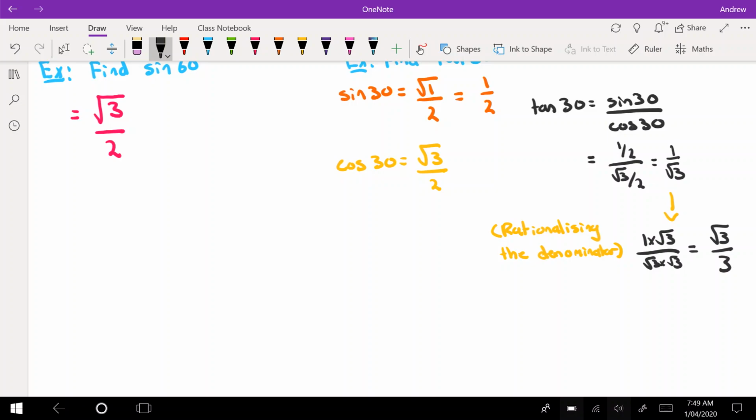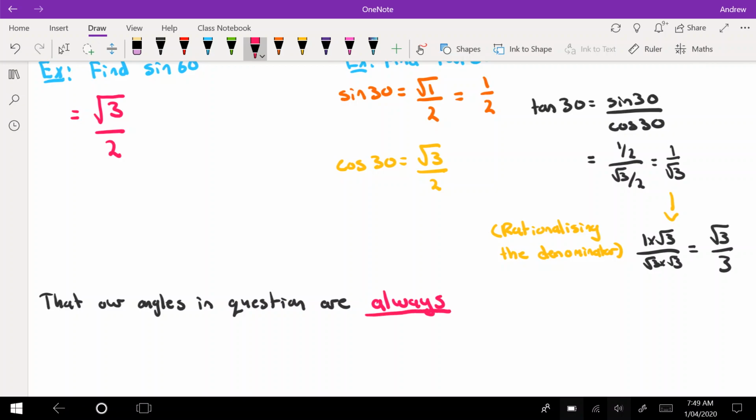So we need to remember that our angles in question are always the angle made with the horizontal.